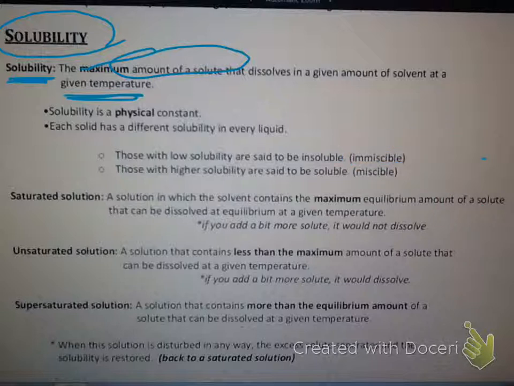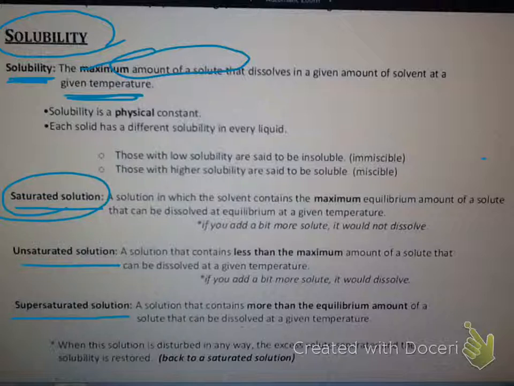If a compound is soluble in a solvent, there are 3 different types of solutions we can make as chemists. We can classify the solution that we make as either a saturated solution, an unsaturated solution, or a supersaturated solution. So let's look at each of these. What does it mean to be a saturated solution?